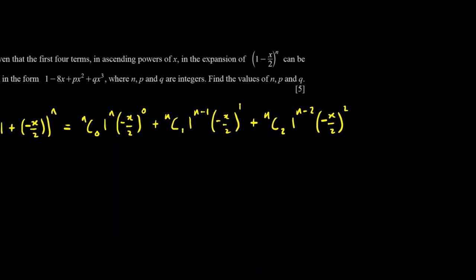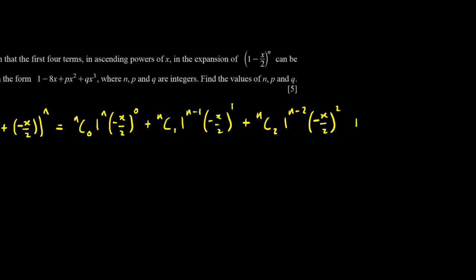I've got to keep going for one more term, plus nC3, 1 to the power n minus 3, negative x upon 2 to the power of 3. And of course, it carries on dot, dot, dot.